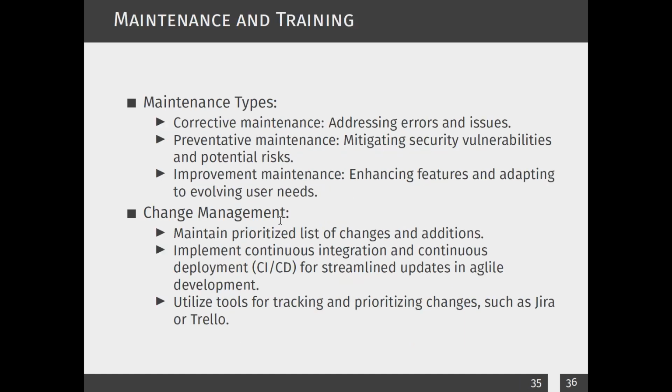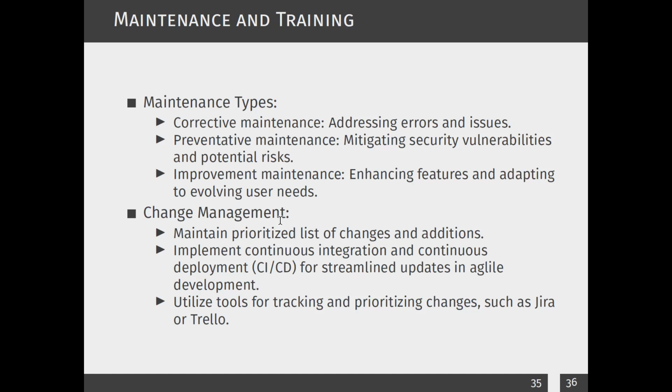Right. The next part is maintenance and training. Once the software is designed, developed, and deployed, the next crucial step is maintaining the software. When you say maintaining, of course, we have to correct any errors within the software.